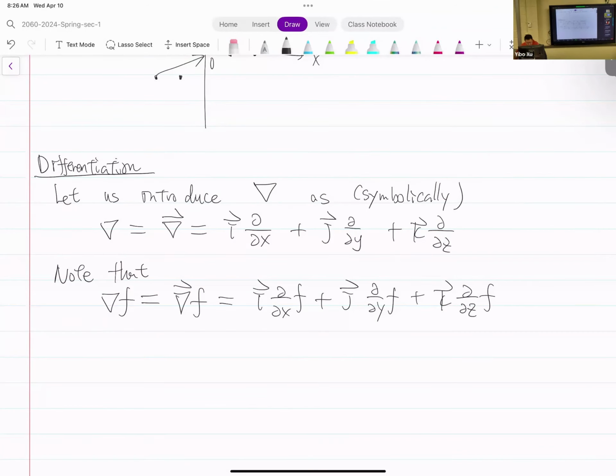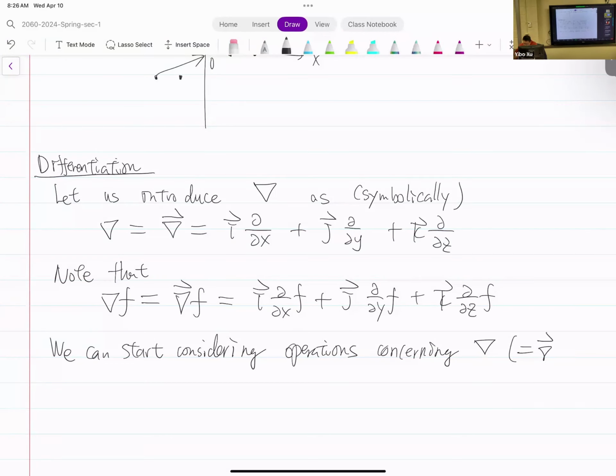So now we have this operation. We can start considering operations concerning this nabla operation, okay?